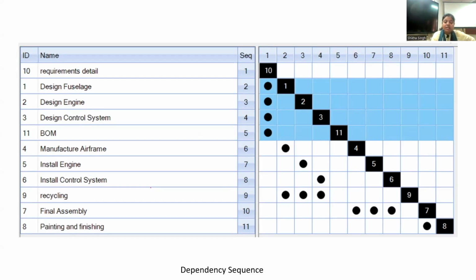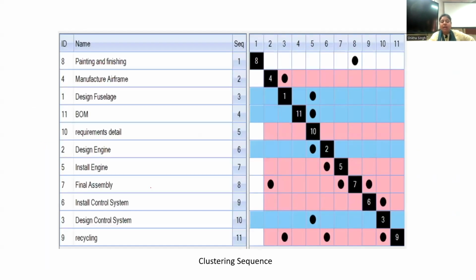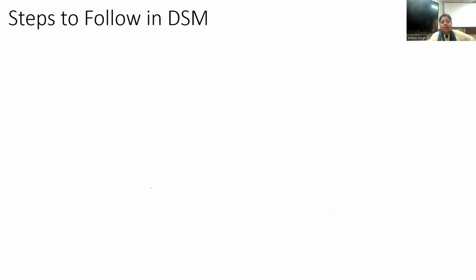Another insight in the DSM matrix is to understand which teams or which subsystems should be closely working together. Though it's just 11 activities, so it is not clearly coming up here. But still, you can see the pink lines. These may be working together, right? So this is how the clustering sequence may be organized to get the insight into how teams or subsystems should be working together.